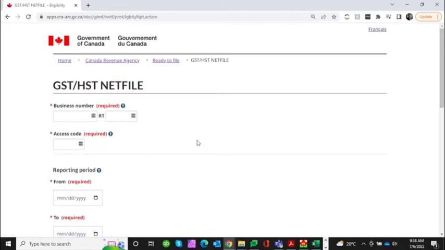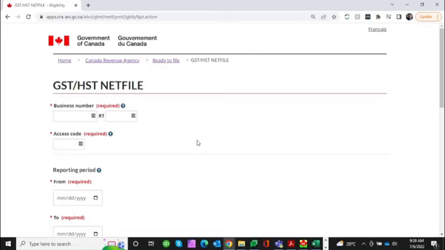For HST, just as a quick background, you need to have certain information in your hands first before filing this HST or GST return. The first thing is that you need to know your business number, which is going to be a 9 digit number, and then RT is the code CRA uses for the HST GST program, and then the serial number.